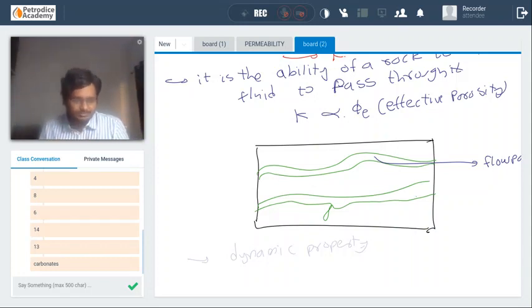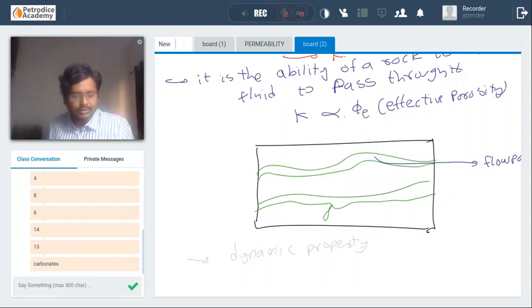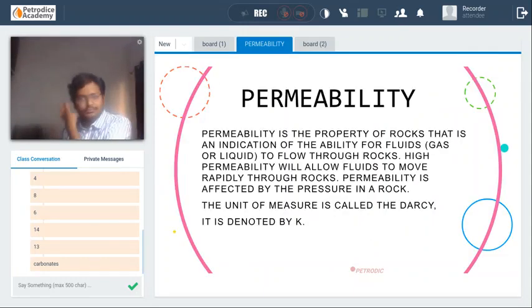The porosity will not change. Permeability is a dynamic property, where the fluid will be flowing through that particular rock. So these are the definitions of permeability. Do remember it.